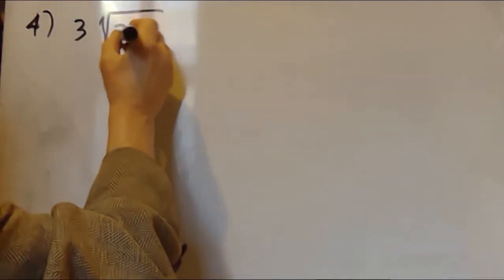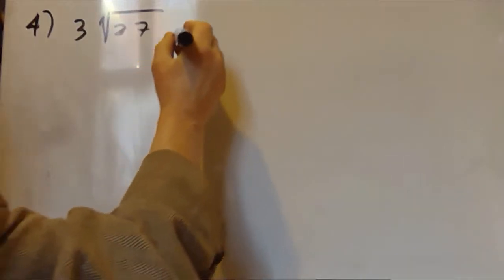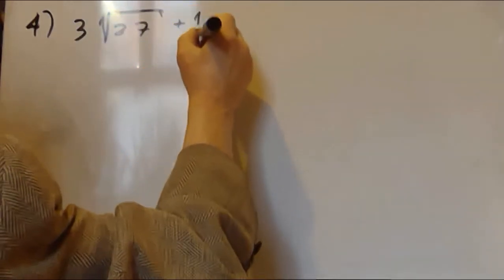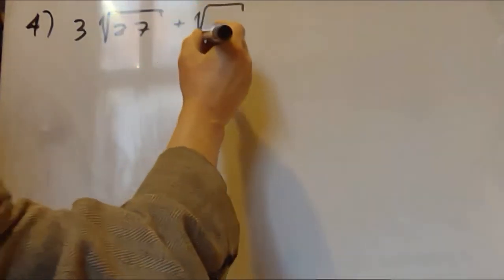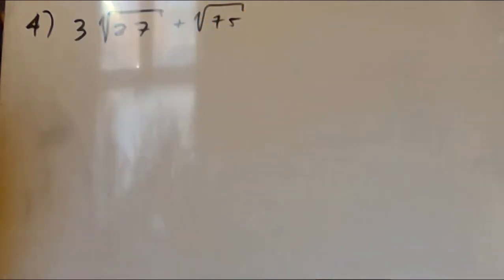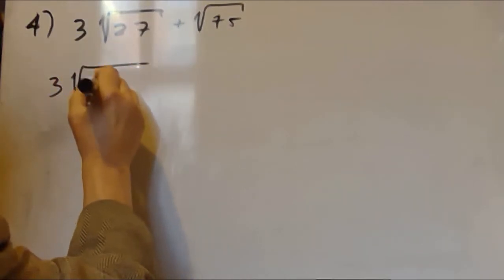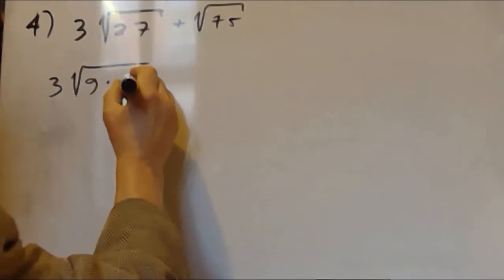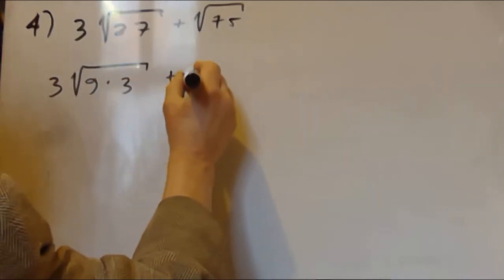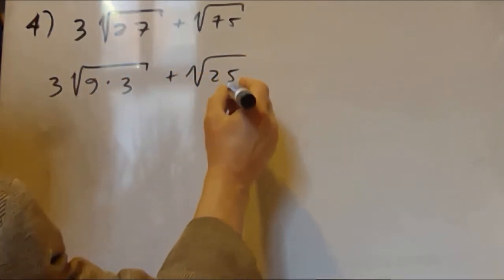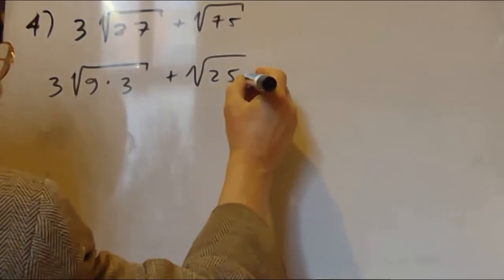Similarly for 4, I have 3 square root of 27 plus square root of 75. So now I look for those perfect squares hidden. And here I have 25 times 3.